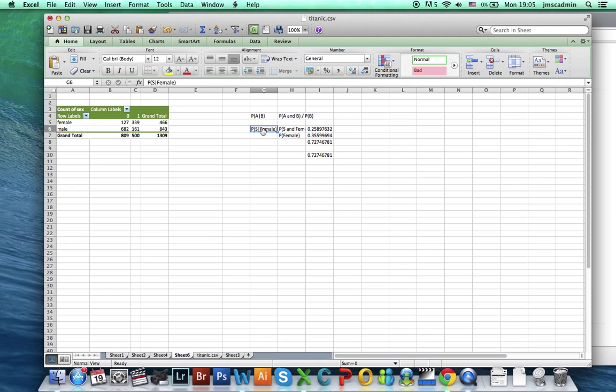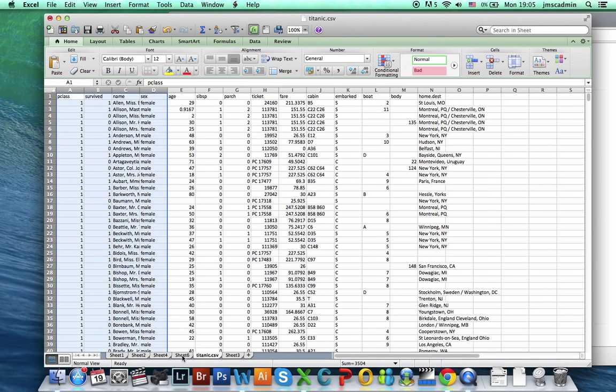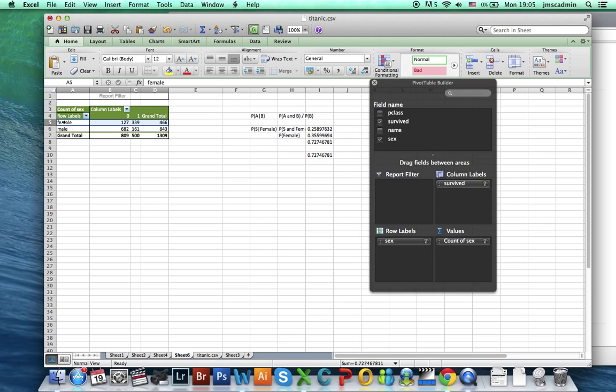Given somebody is female, how many of them survive? The probability is 7 something. But we also know that the passenger class also affects the survival rate. So we want to further stratify this table by the passenger class.